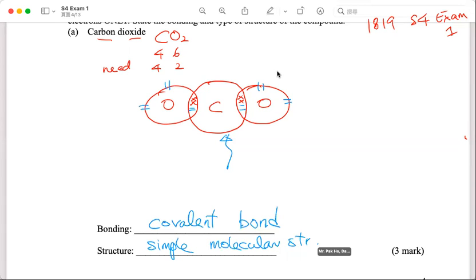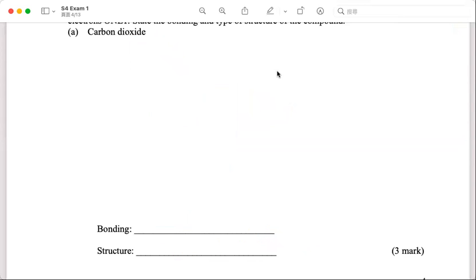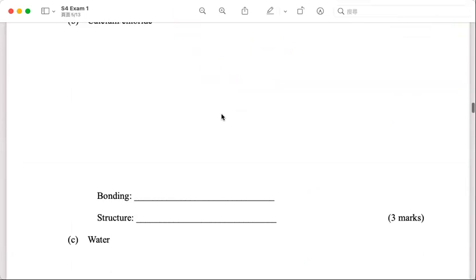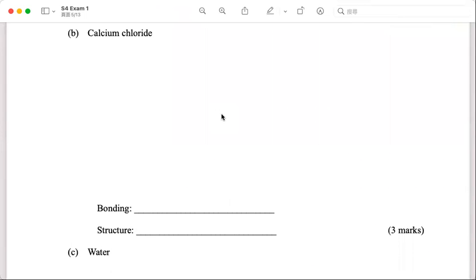Another one, question 1b, is almost the same as this one, but is changed to calcium chloride. As calcium is a group 2 element, it has 2 electrons to give out to the chlorine. Chlorine is group 7, so it needs 1 electron.